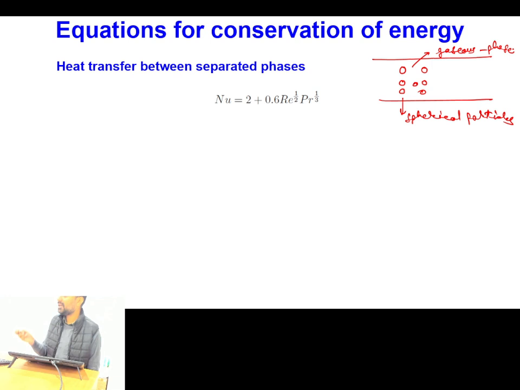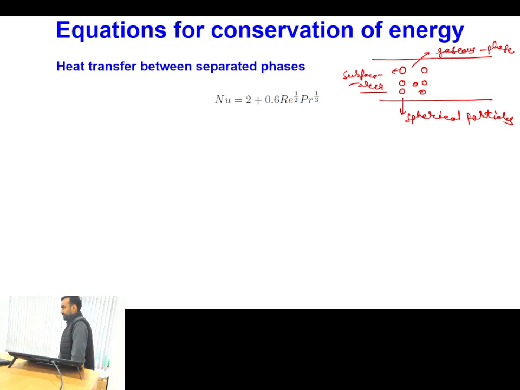So the surrounding phase is gas. We know that when I have a particle and surrounding gas, there will be energy exchange between the two. Mostly the energy exchange will be across the surface area of the particle. Okay. Because area will be participating in the energy interaction.